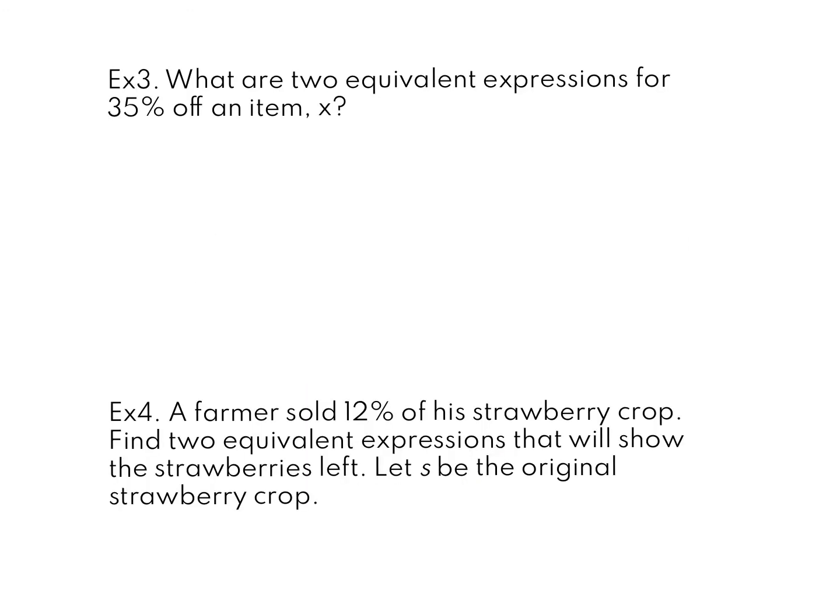Okay, let's expand on that example 2 that we just did. What are two equivalent expressions for 35% off an item? So we're going to call this item x. We know that 35% is 0.35. 35% of that item would be 0.35x.